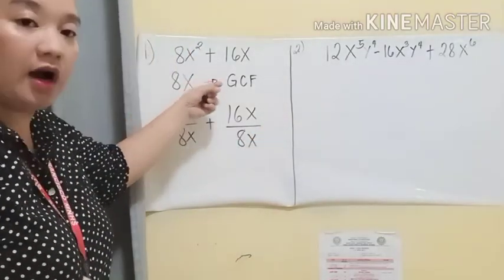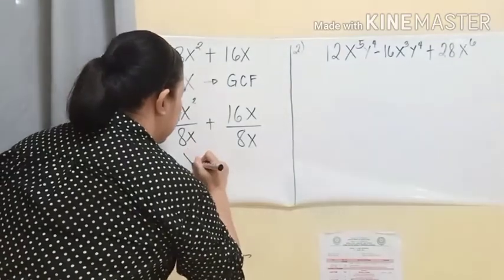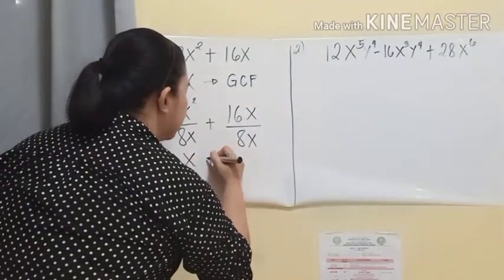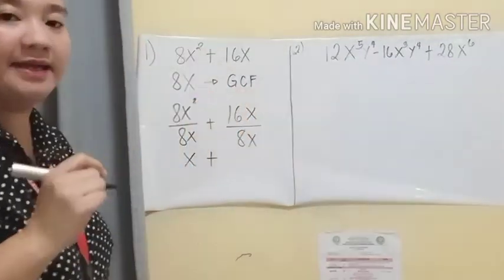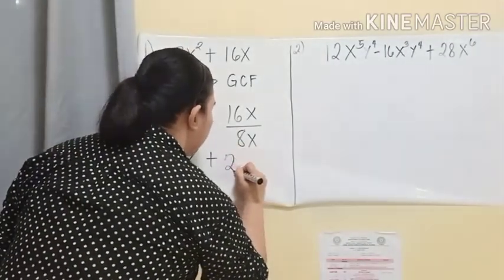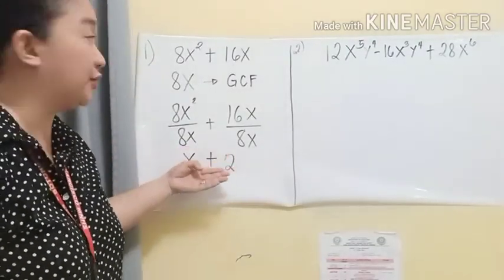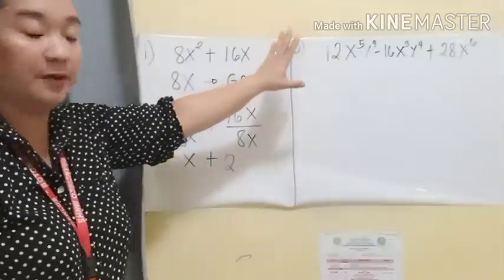So 8x squared divided by 8x is x plus 16x divided by 8x is 2. So we already have the other factor of this expression.